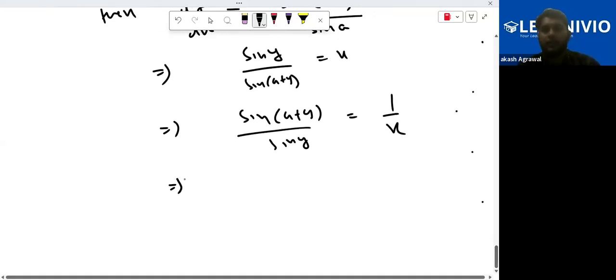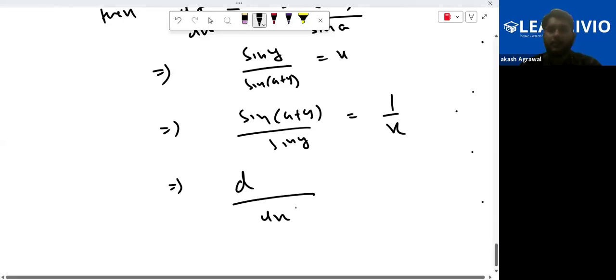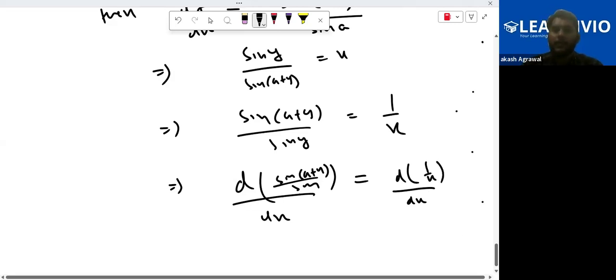Now we can also break it into sine. Let's use the quotient formula. So dy by dx of sin a plus y upon sin y is equals to differentiation of 1 upon x.